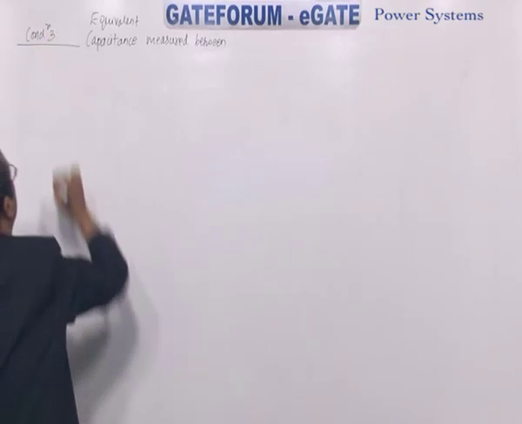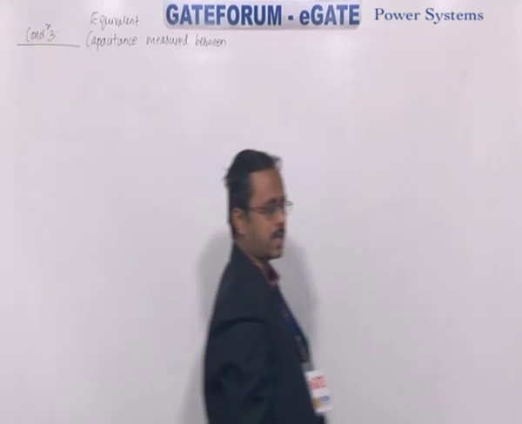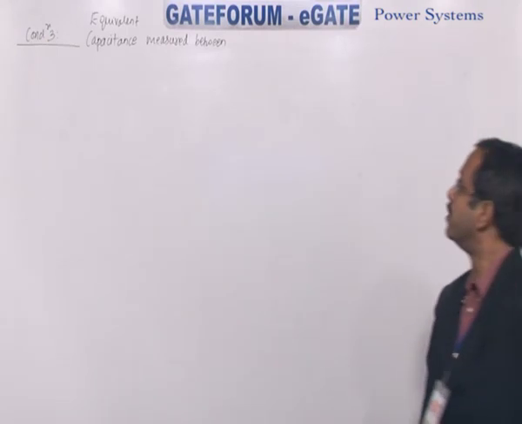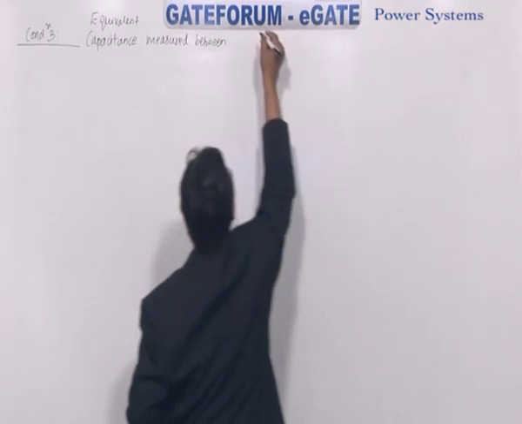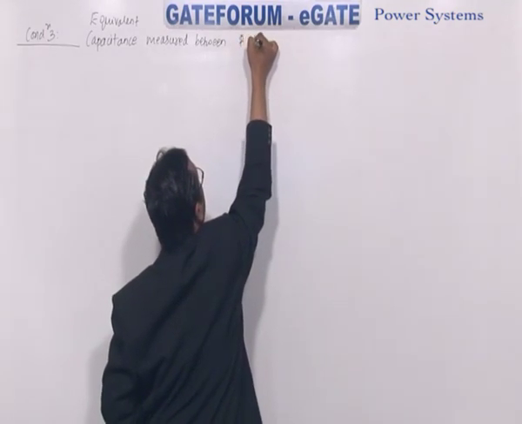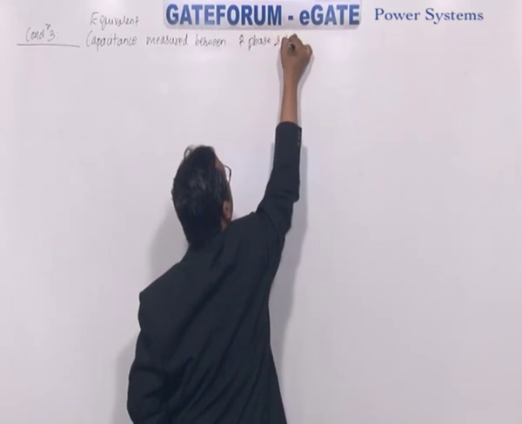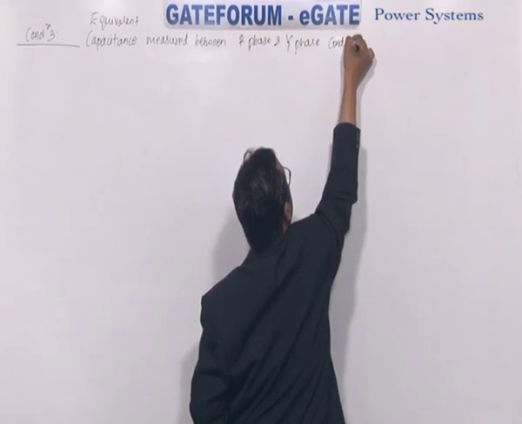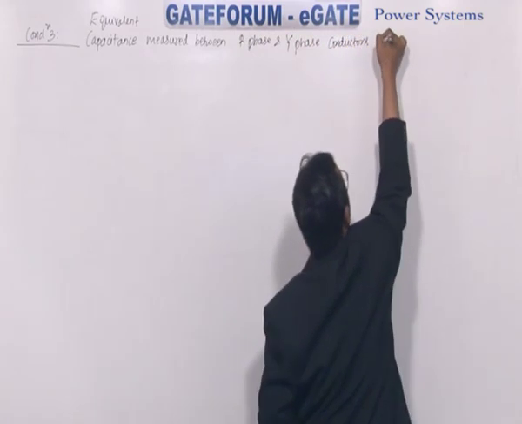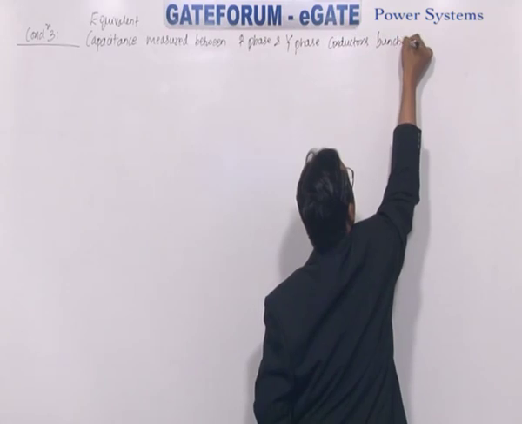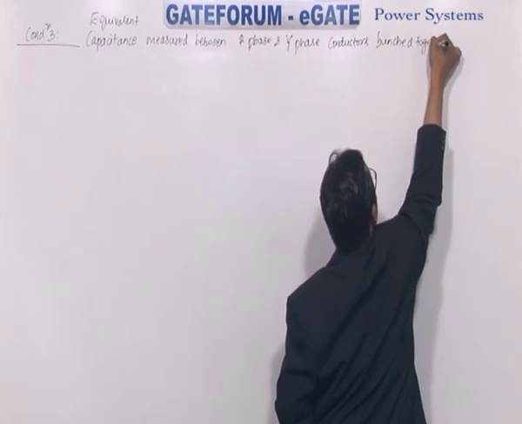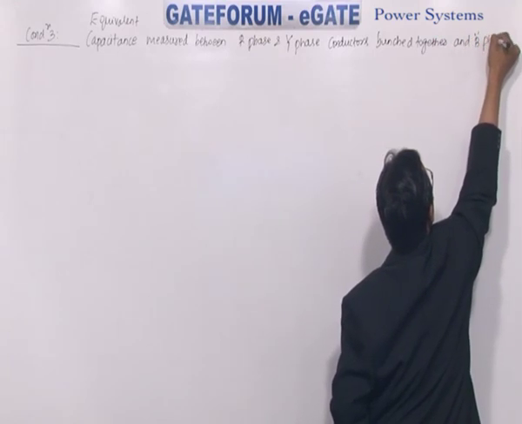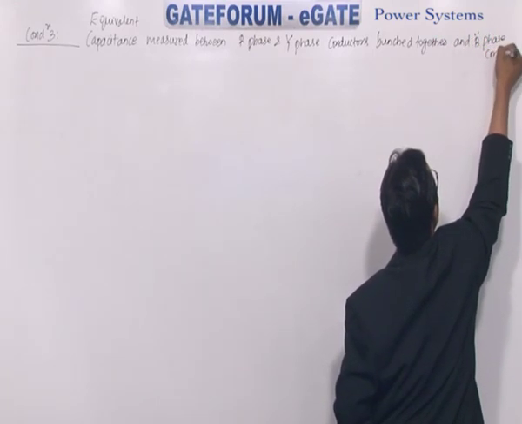So now we discuss the third condition, that is equivalent capacitance measured between R phase and Y phase conductors bunched together and B phase conductor.